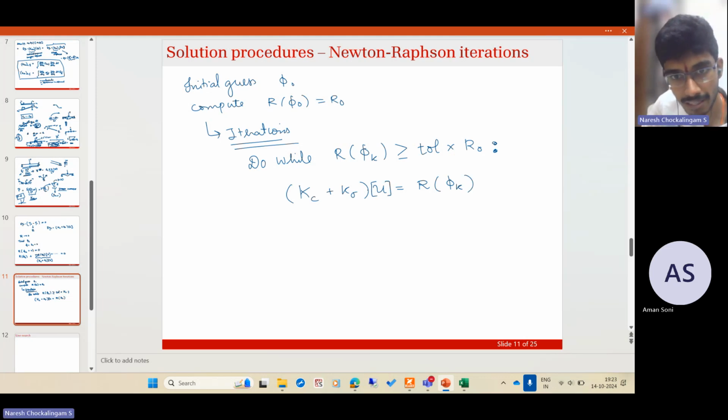Get u from this expression and then update the current configuration as phi k plus 1 is equal to phi k plus u.